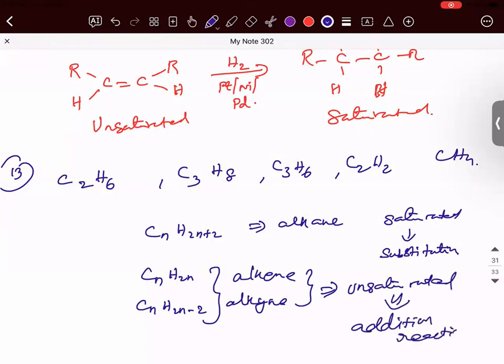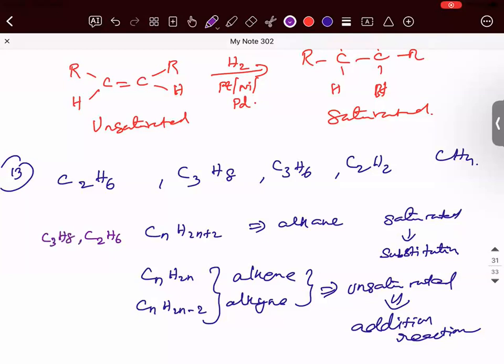The point is, C2H6 comes under what? N is equal to 2. In the first formula you substitute n equal to 2. 2 2s are 4, 4 plus 2, 6. So C2H6 comes under the first formula. C3H8: 3 2s are 6, 6 plus 2, 8. So C3H8 also.